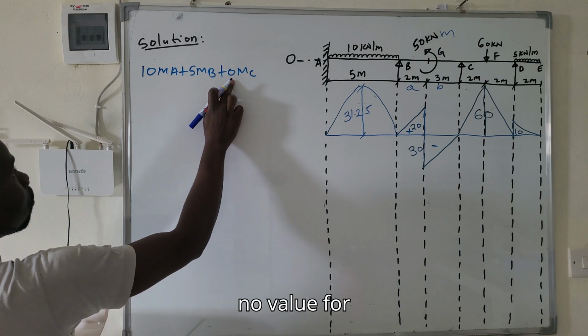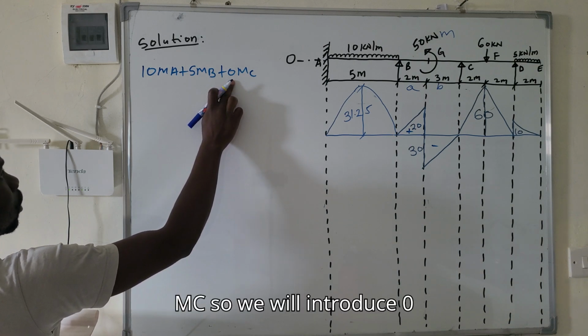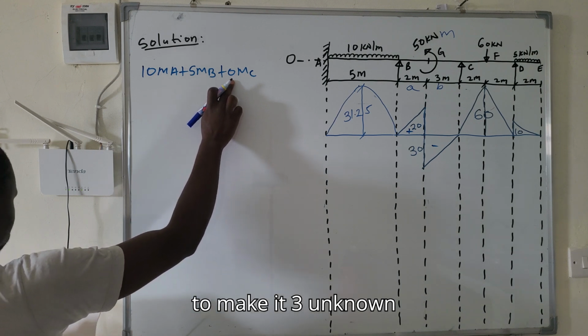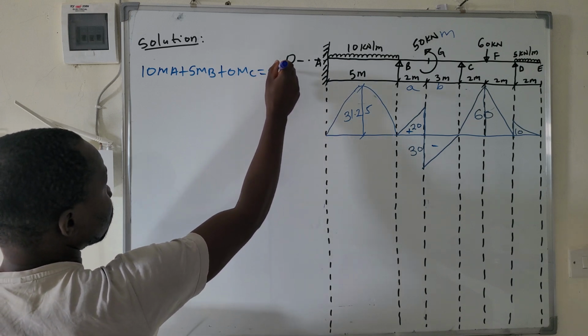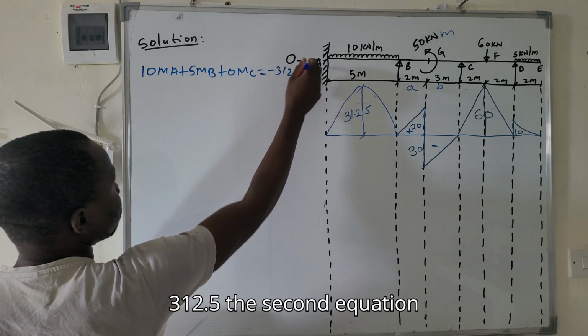We had no value for MC, so we introduce 0 to make it 3 unknowns, is equal to negative 312.5.